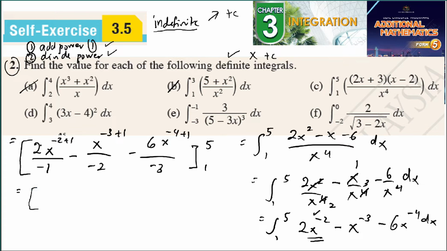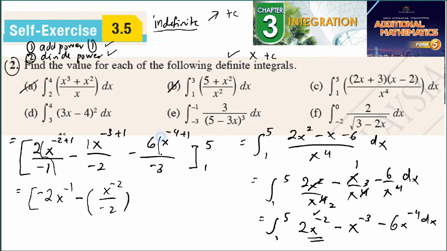So 2 divided by -1 is -2, so this one will be -2 plus 1 is x to the power -1. So this one is negative. And we know up here we didn't have a constant, so it's actually 1. So negative 3 plus 1 is x to the power negative 2 divided by negative 2.